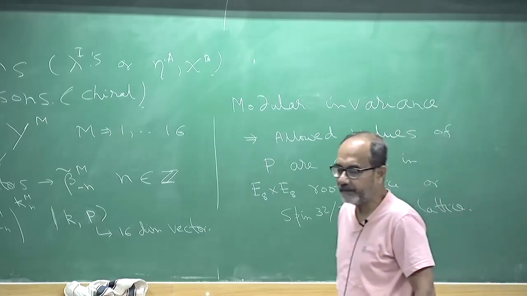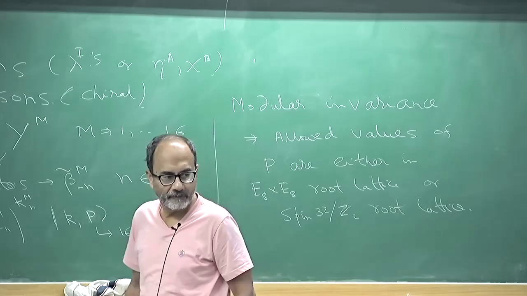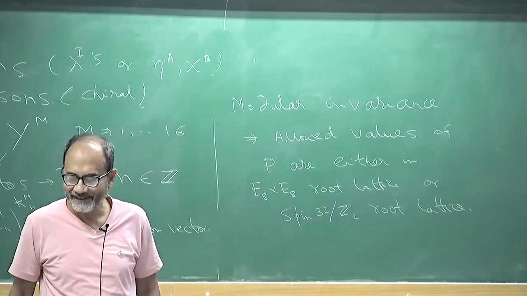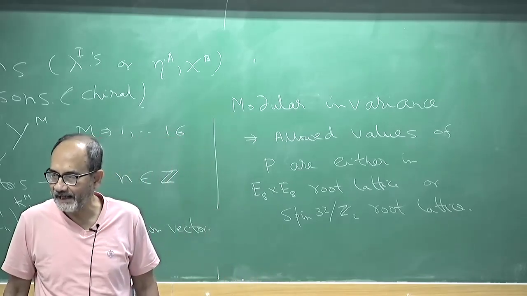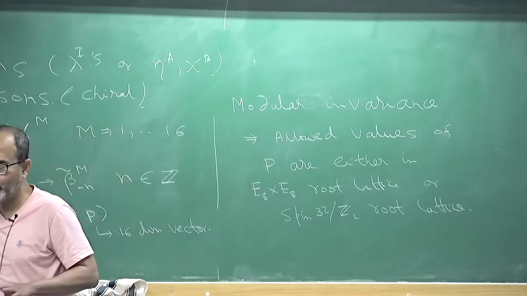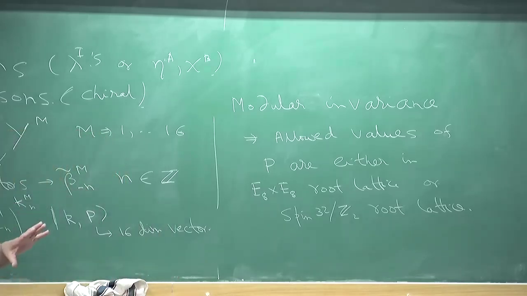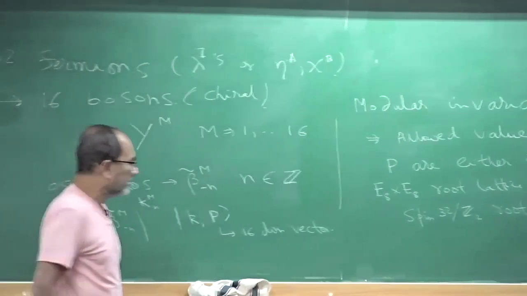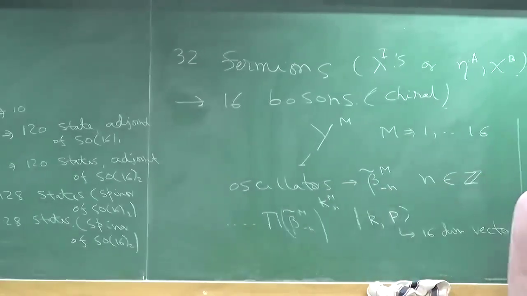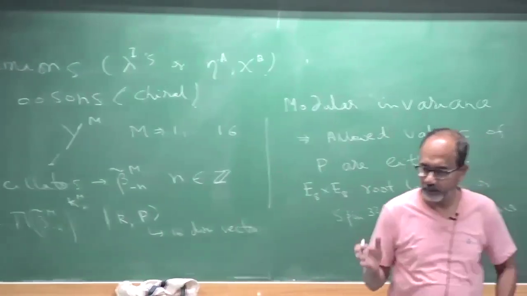Root lattice is something familiar to you? No? Yeah, the SU3 root lattice tells you what are the representations that are allowed. So the E8 root lattice basically tells you what kind of E8 representations you are allowed. This is Spin(32)/Z2, which is a little different from SO(32).